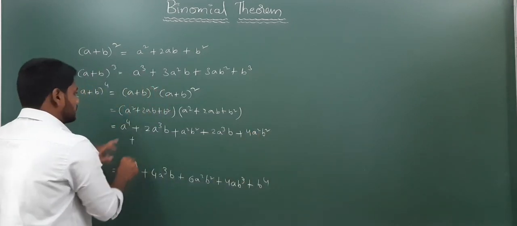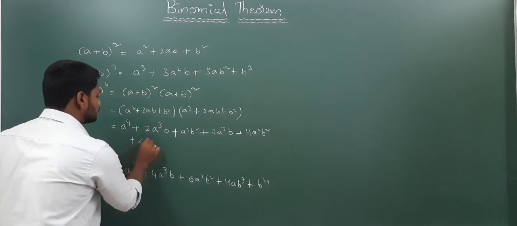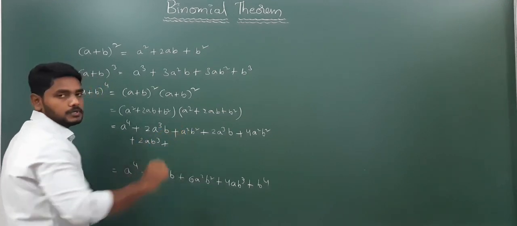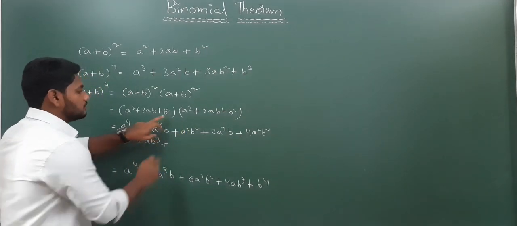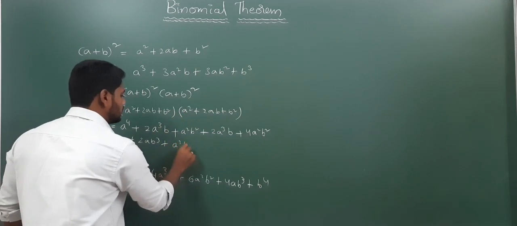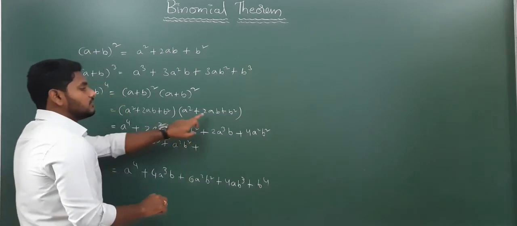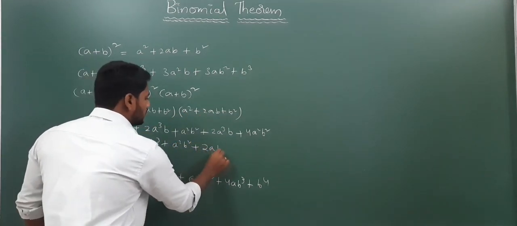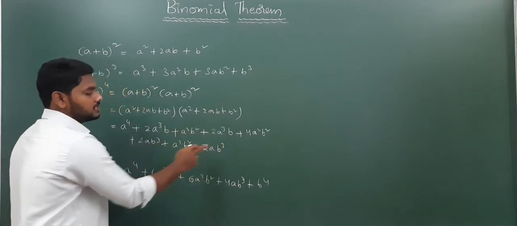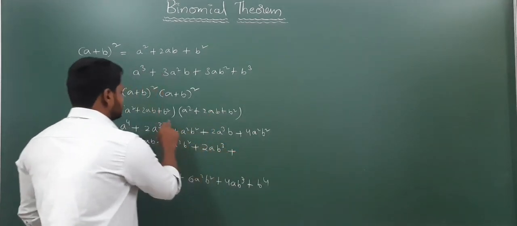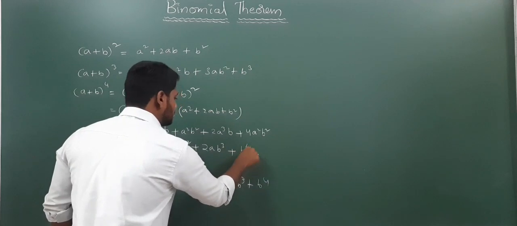Next, 2ab into b square is 2ab cube, plus b square into a square is a square b square, plus b square into 2ab is 2ab cube, because b square into b is b cube. Next, b square into b square is b power 4.